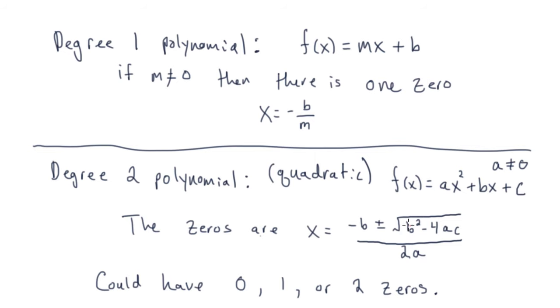Because of the importance of this term underneath the square root, it actually gets a special name. It's called the discriminant. It's the discriminant of the polynomial.